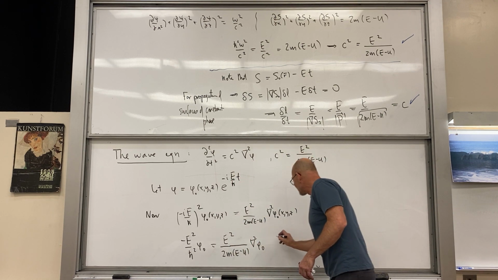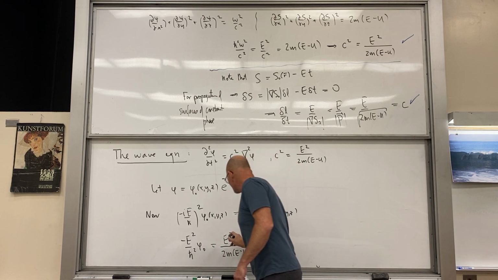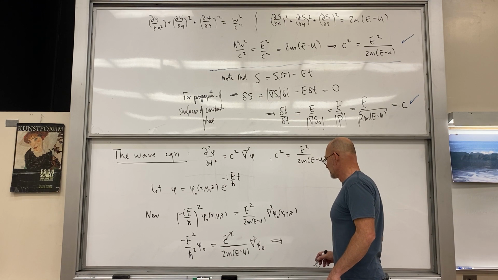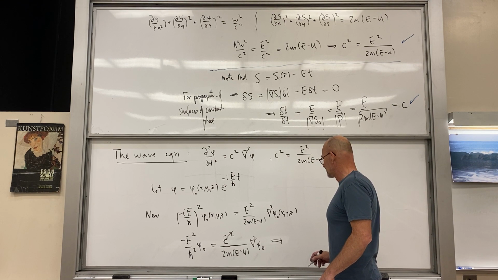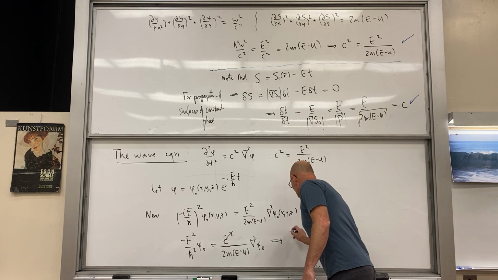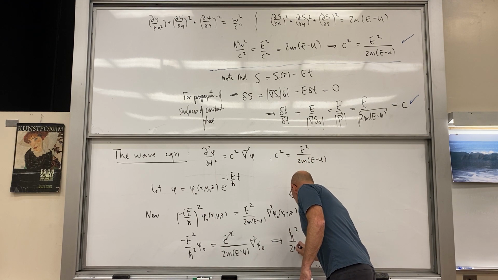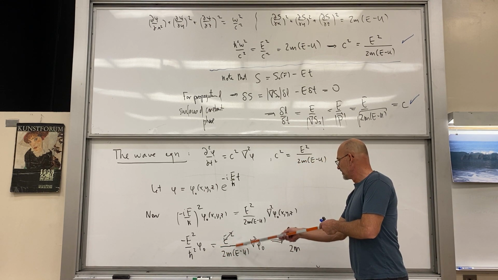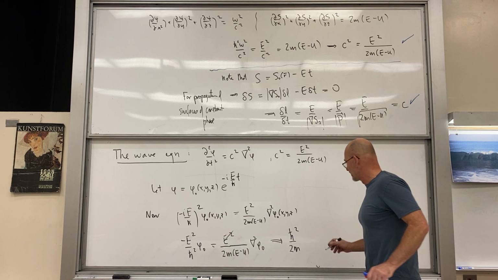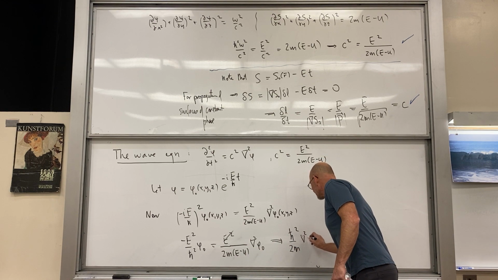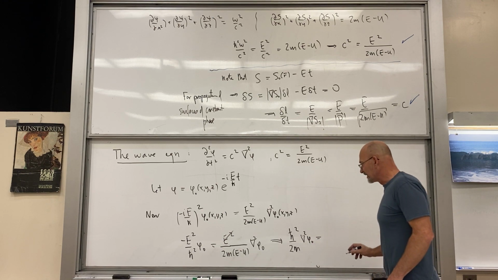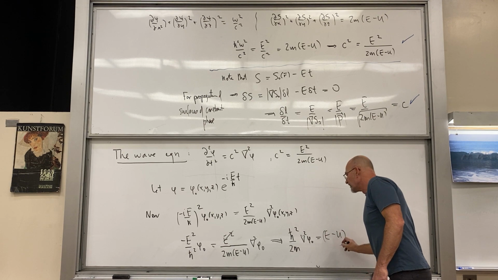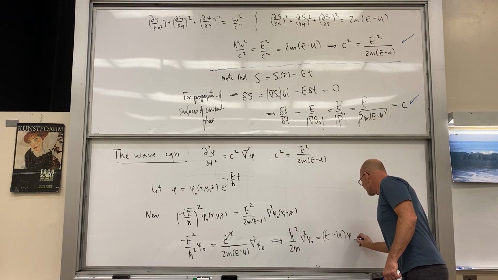The E squareds are going to cancel, and we'll just simplify this and we'll get h bar squared over 2m. So cross multiplying, h bar squared over 2m del squared phi naught is equal to (E minus U) phi naught. That's just cross multiplying.